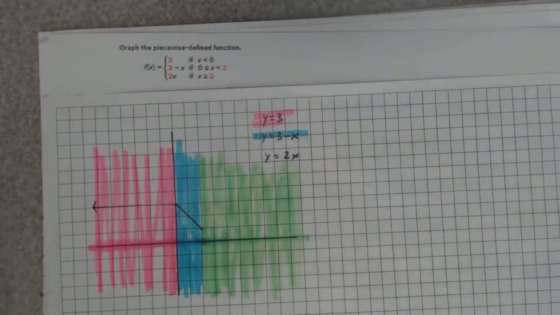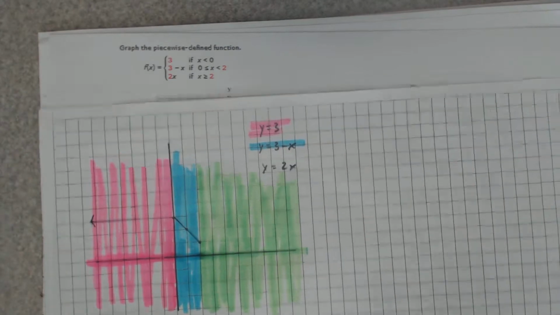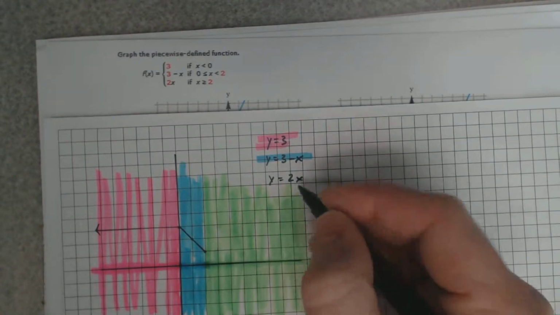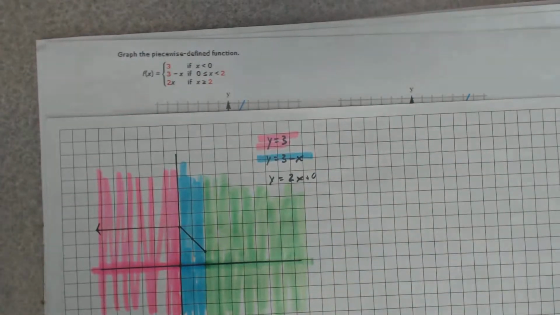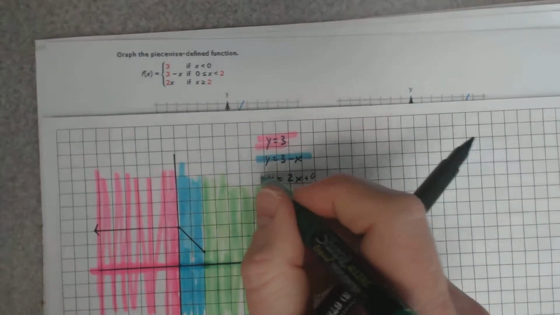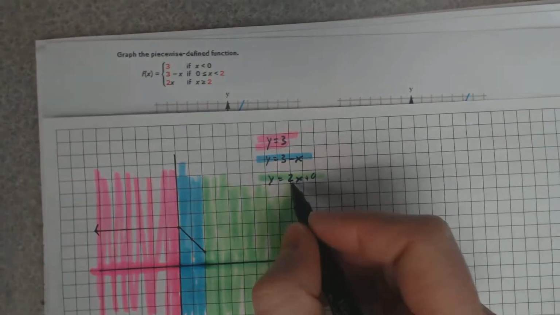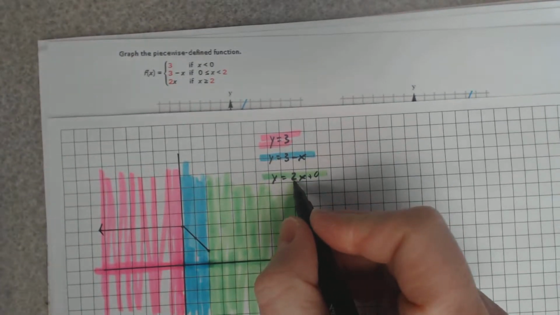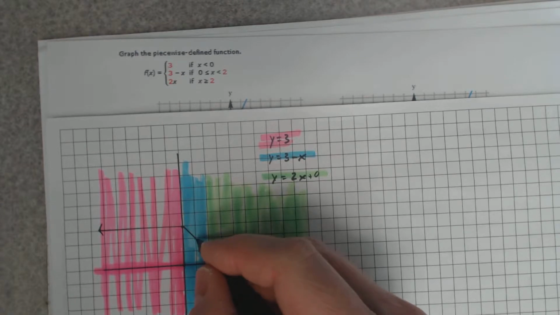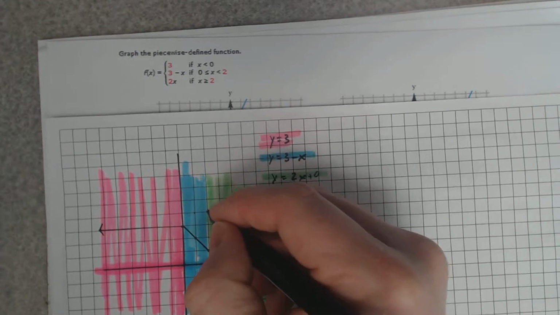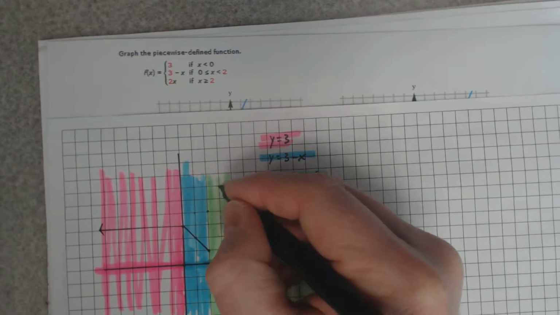Well, it has an intercept of 0. So I'll put a dot right there at 0. And then the slope is 2, so you rise over run. You go up 2 and over 1. So up 2, over 1, up 2, over 1, up 2, over 1.